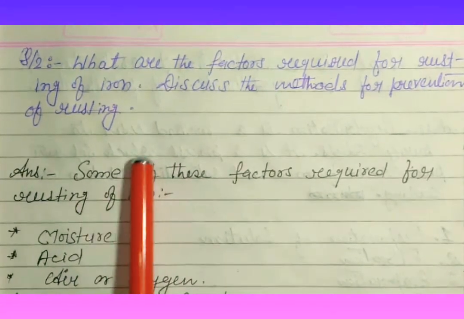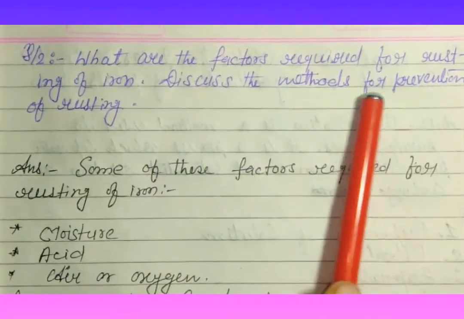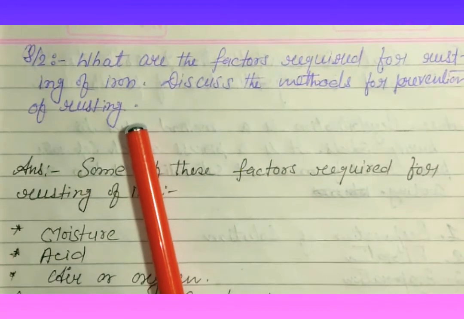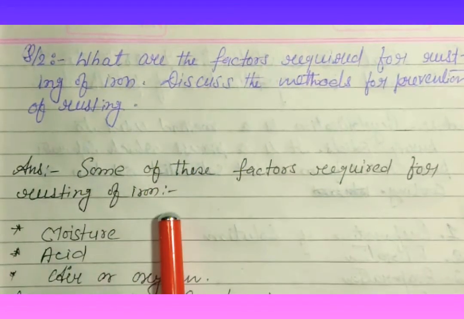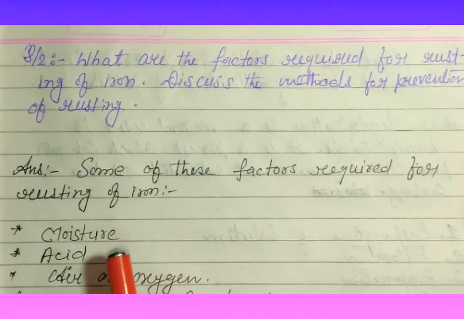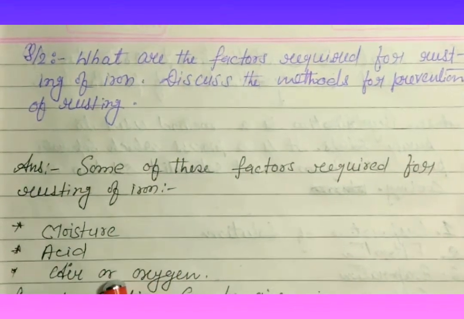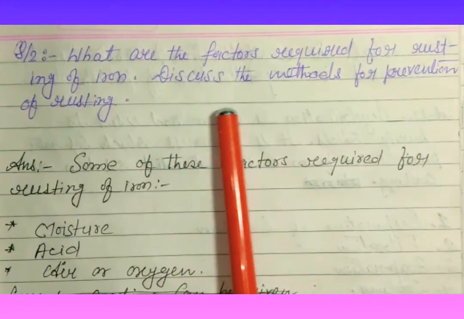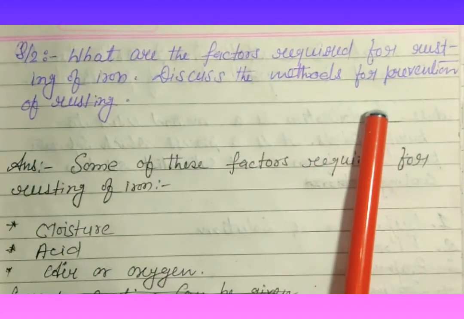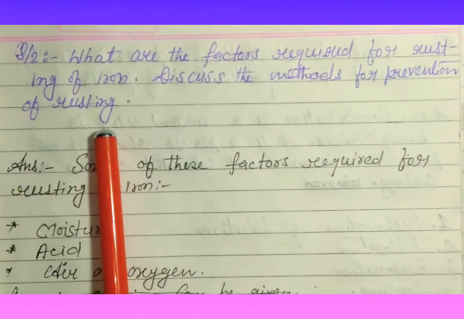Now the next question, what are the factors required for rusting of iron? Some of these factors required for rusting of iron: moisture, acid, air or oxygen. Now the next question, discuss the methods for prevention of rusting.